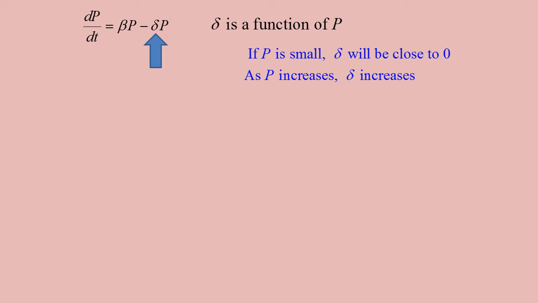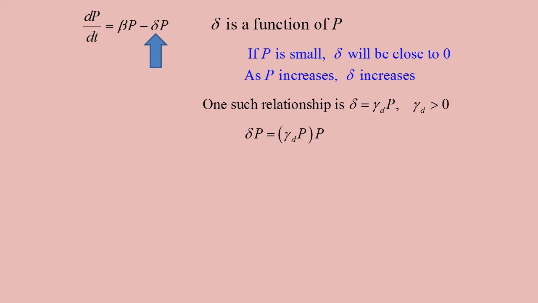And so we will use a quantity gamma as a constant, and we will write delta equals gamma, with a subscript of D because this gamma is for the deaths, times P. So this would give us a direct relationship between the delta and the P, the constant being the gamma sub D. And so if we substitute that, we know that delta P would be gamma sub D times P, or gamma times P squared.